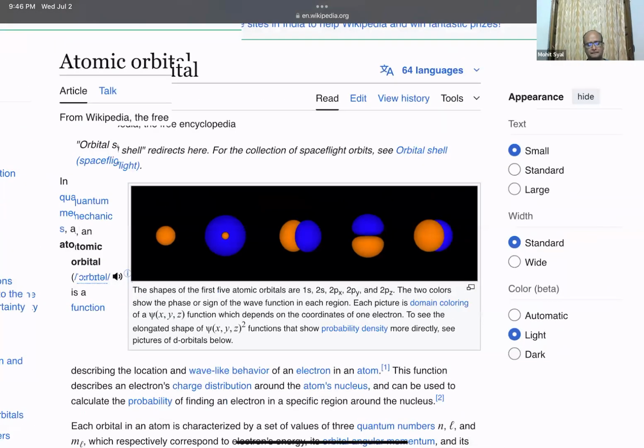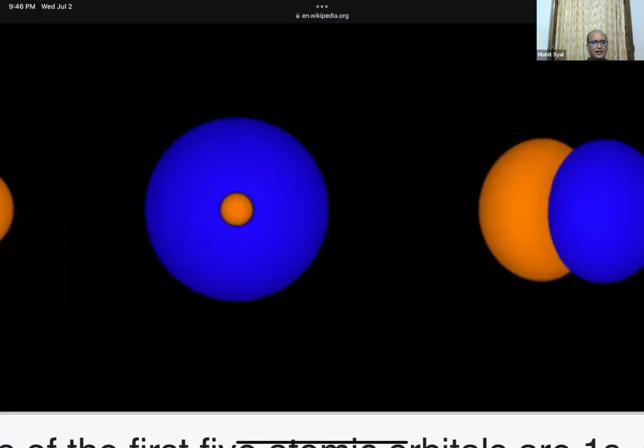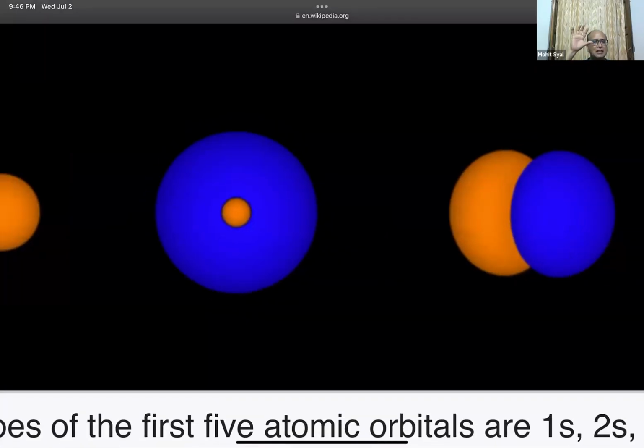You can represent it by showing the value of the wave, the amplitude of the wave, by putting dots. More dots means a higher value of psi, of psi square. A lesser density of dots means a lesser value.